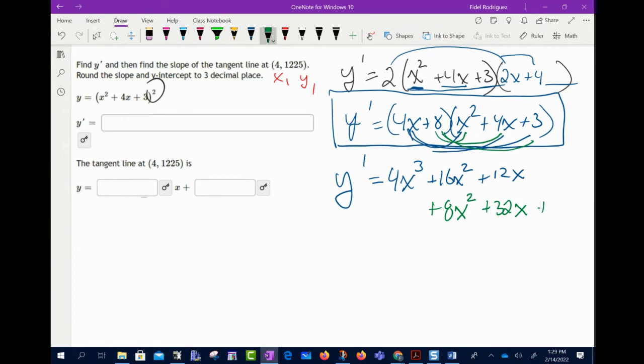And 8 times 3 should give me 24. So we have 4x to the third. Let's see, 16 and 8 is 24x squared. 12 and 32 should be something like 44x. And then finally a 24.